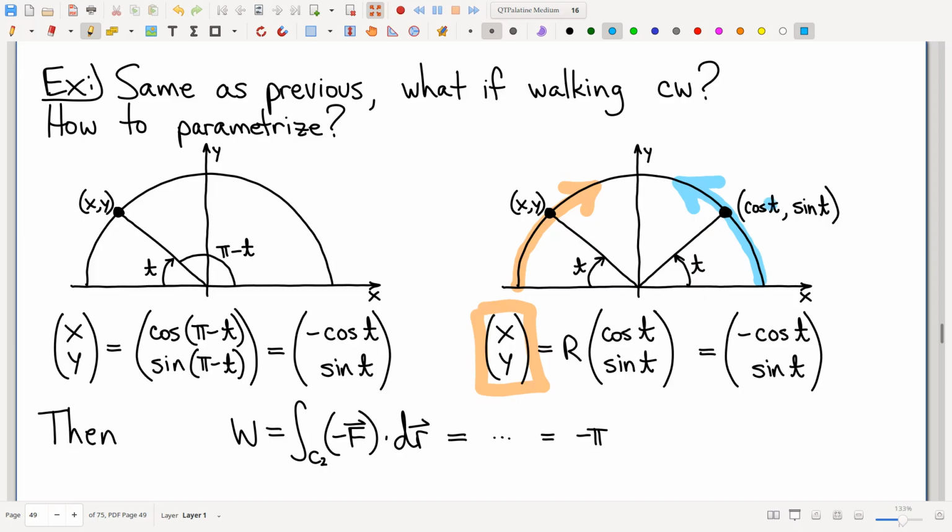The blue parameterization, that's our old friend, cosine t comma sine t. And then I make the observation that these are just reflections of each other.